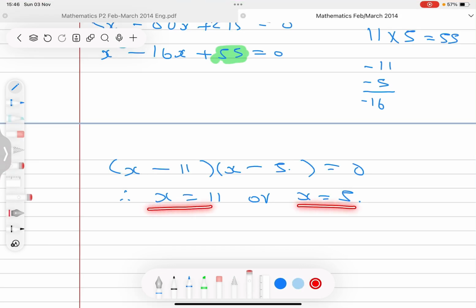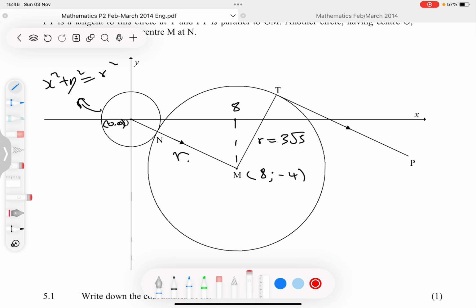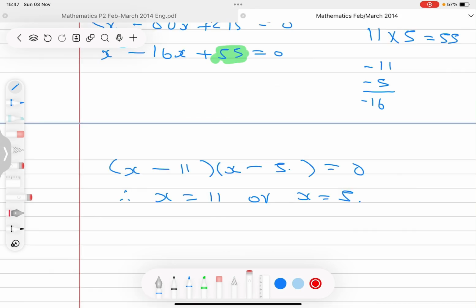If we have 11 and 5, you can see that the 5 is a point here, and the 11 should be a point here, because 5 is less than the 8, and the 11 is above the 8. Well, in fact, the 11 is not going to be here per se, because remember, this is an intersect. It doesn't happen at 0. It happens when these two intersect. This line and this line intersect. These two graphs intersect. So it means our value of x here should be 11.